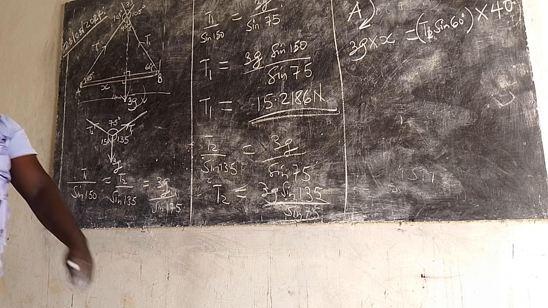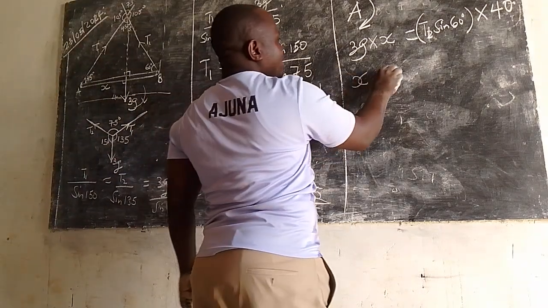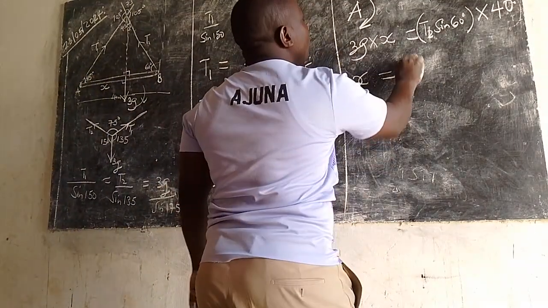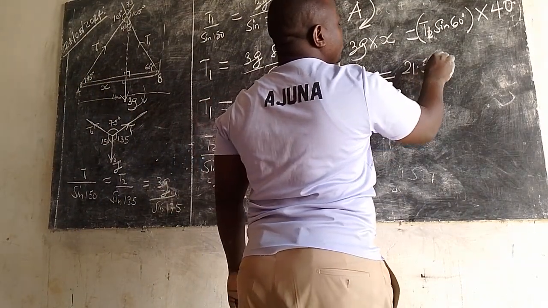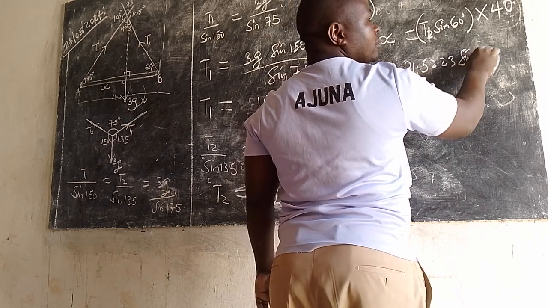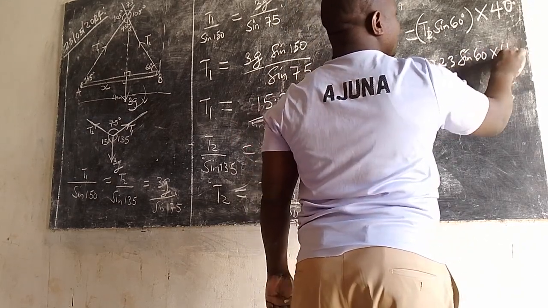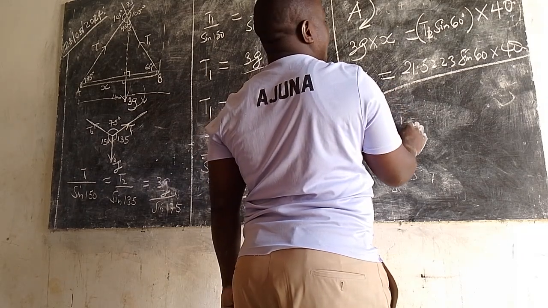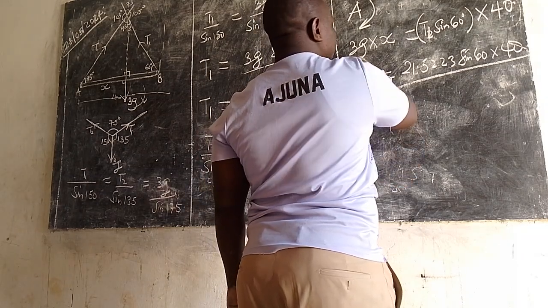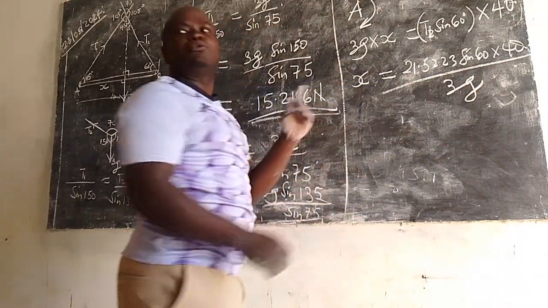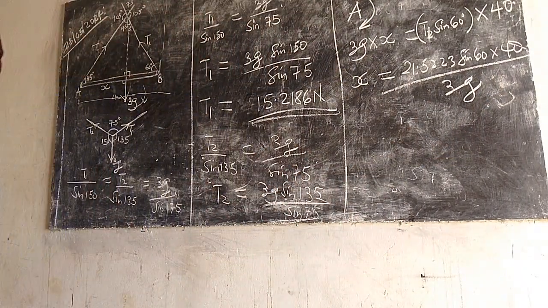Now, can we get x? x is T2 sine 60 times 40, all over 3g, where T2 was 21.522. 3g is 29.4.